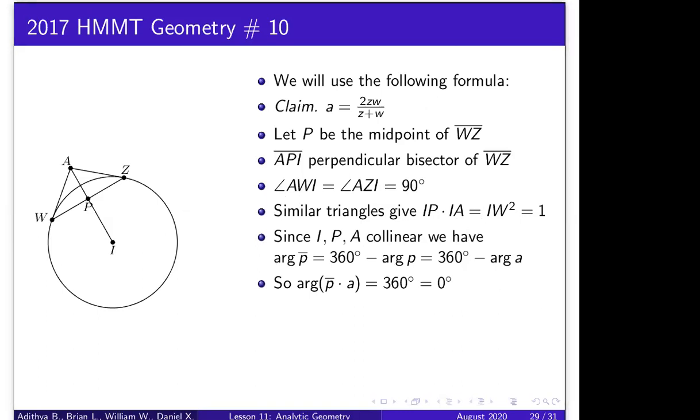And since arguments add when we multiply, that means the argument of P bar times A should be 0. What this means in particular is that P bar times A is a positive real number.